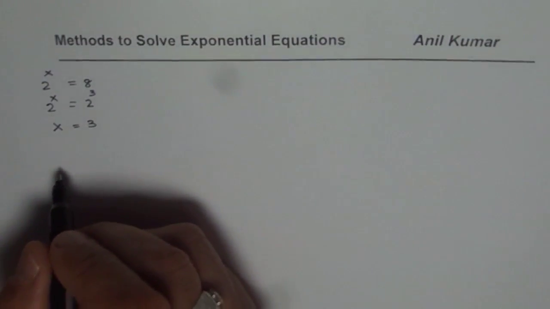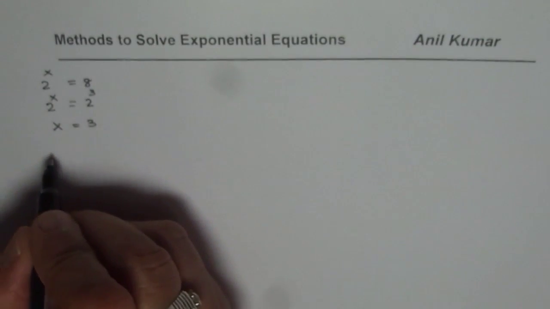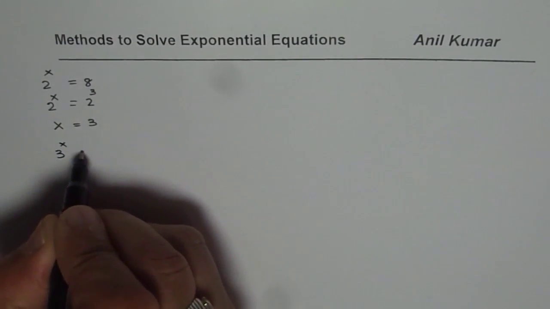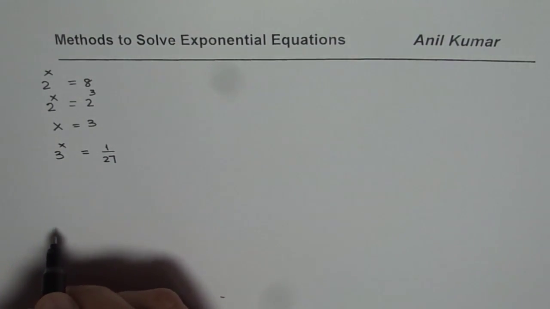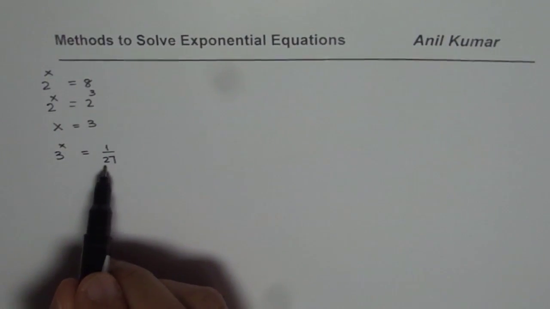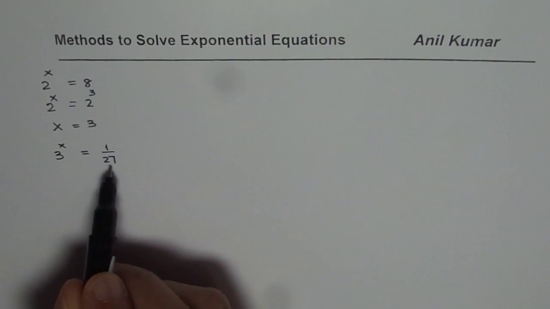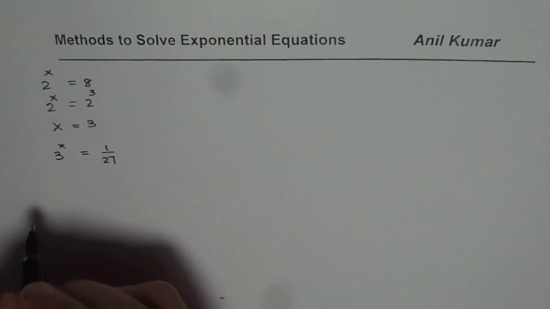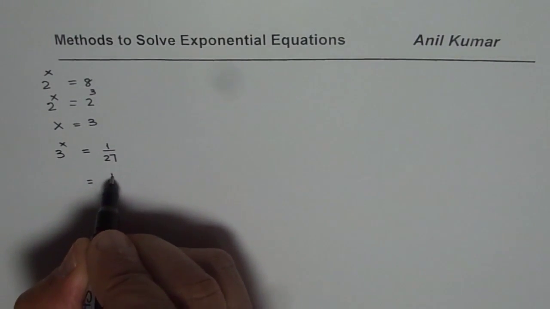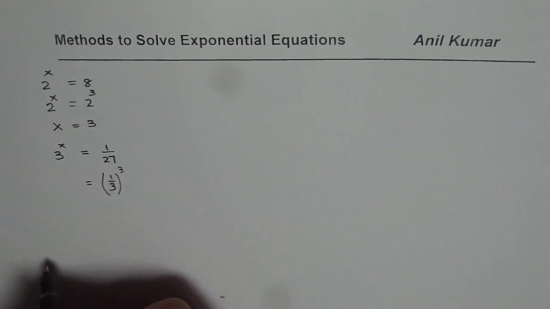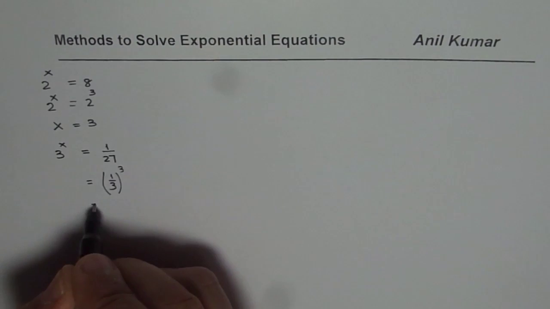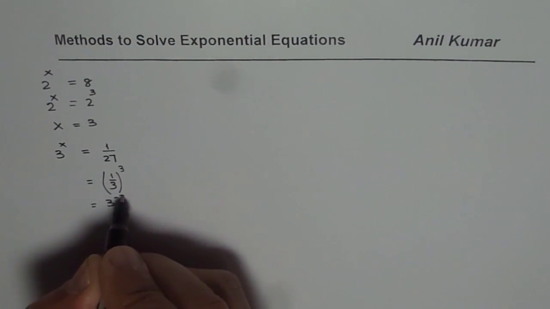Let me do it once again with a different example. Let's take 3 to the power of x equals 1 over 27. The idea here is to write 27 with base 3 and some exponent. So I could write that as 1 over 3 to the power of 3, since 3 cube is 27. Or I can say that is equal to 3 to the power of minus 3.